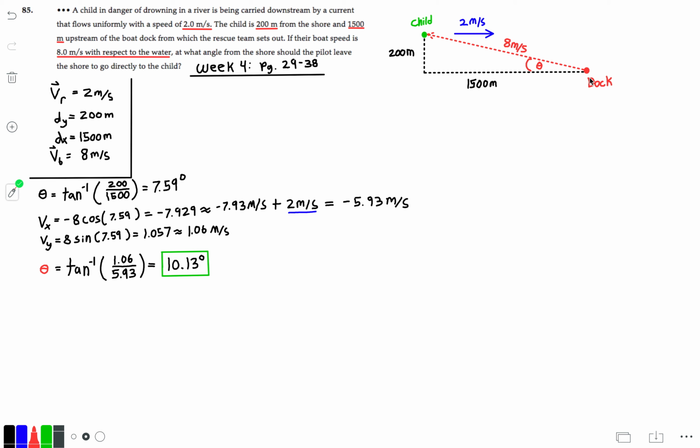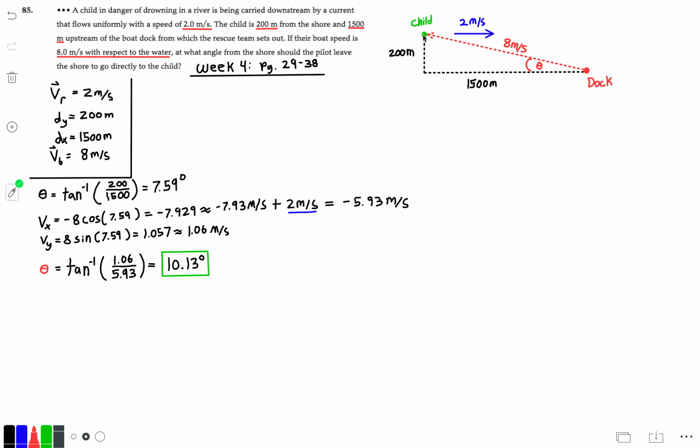Here in red is our rescue crew. We have the dock right here at this point, and this is 1,500 meters upstream from the child, who is 200 meters away from the shore.